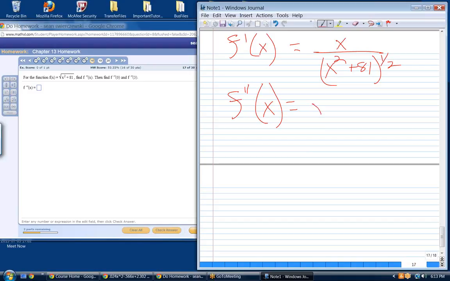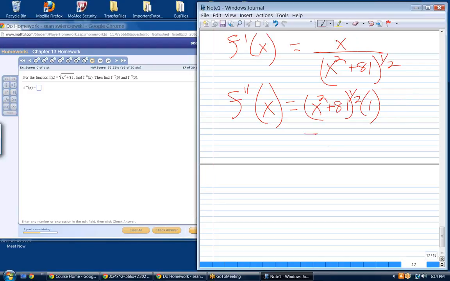So it's the bottom times the derivative of the top, that's 1/2. I didn't write enough room here. Let me carry it down here.